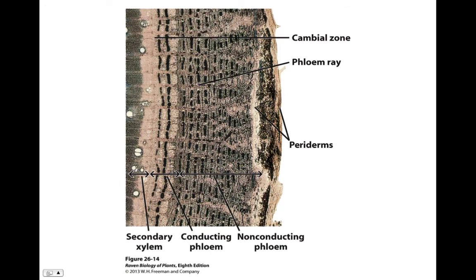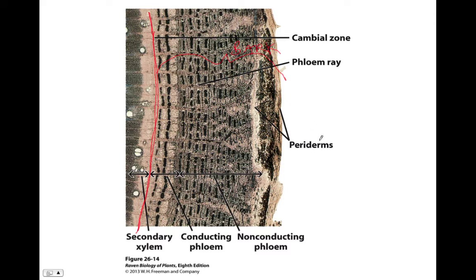A cross-section through a woody plant can help make this point even clearer. What we're looking at here is our cambial zone. So I'm going to draw it in this red line. So this is our vascular cambium. So everything external to this would be considered bark.